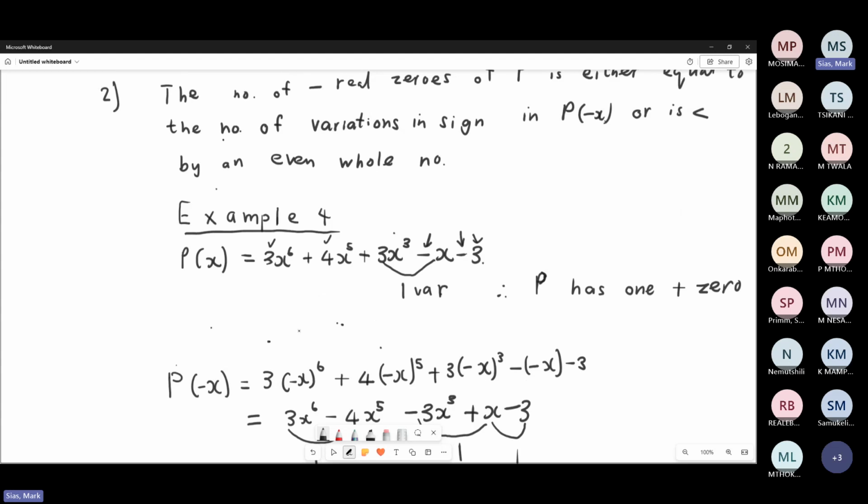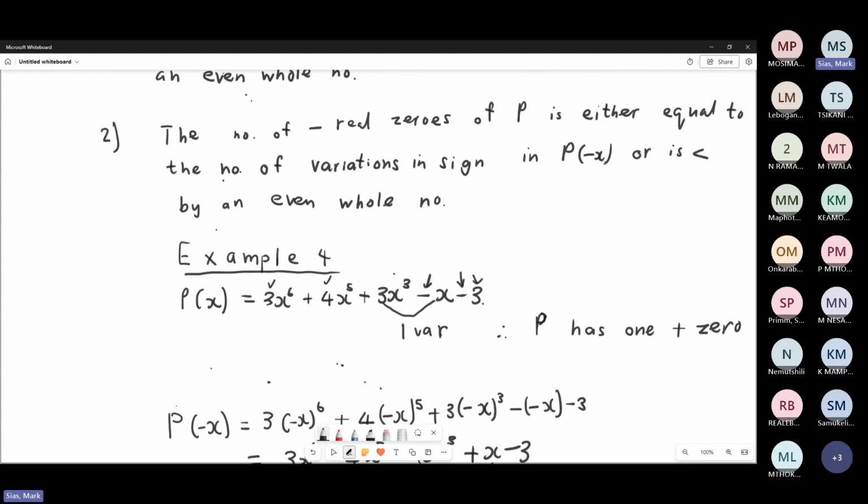So the rule says that the number of negative real zeros of P is either equal to the number of variations in sign in P of minus x, which we picked up as 3, or is less than that by an even whole number. The first even whole number is 2.